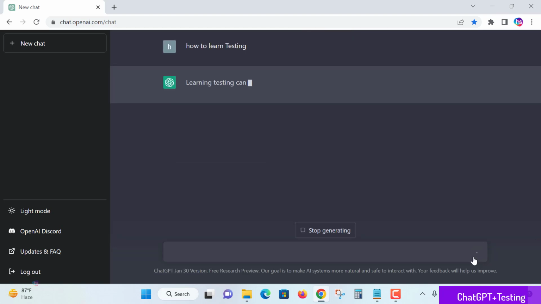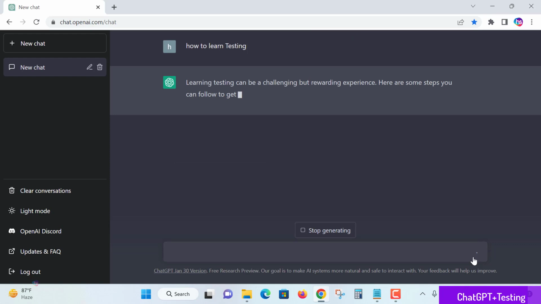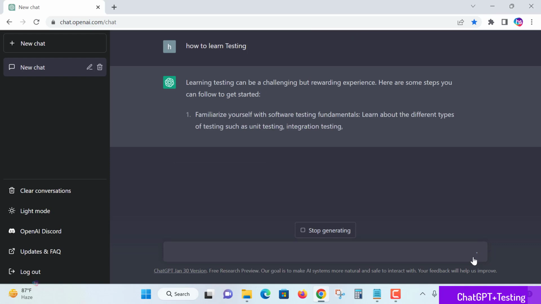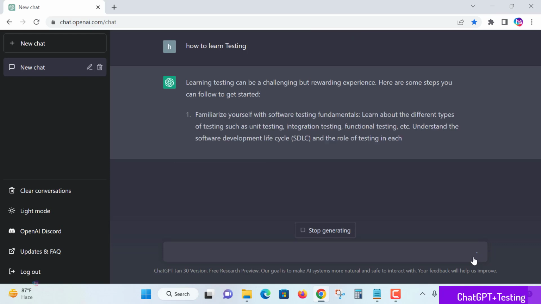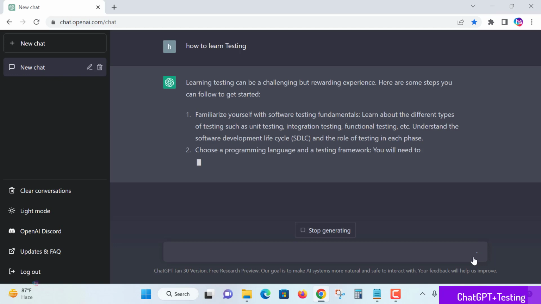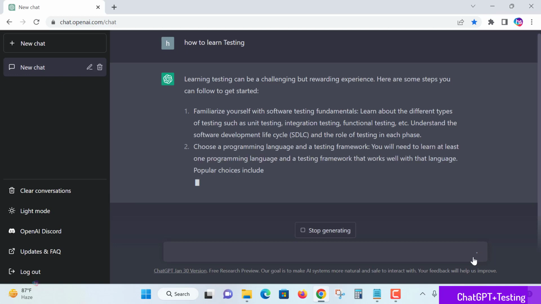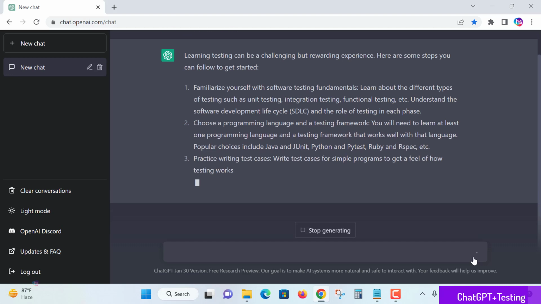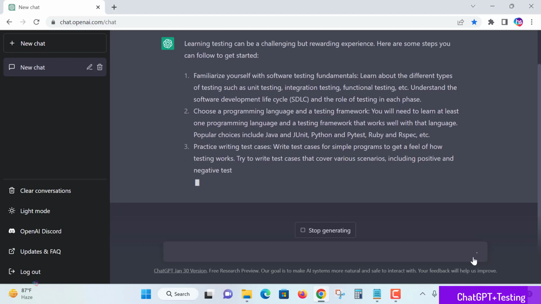Let's begin the session. So see here, ChatGPT is giving us a few steps. The challenges, rewarding the experience. Familiarize yourself with the software testing fundamentals. What are the fundamentals?